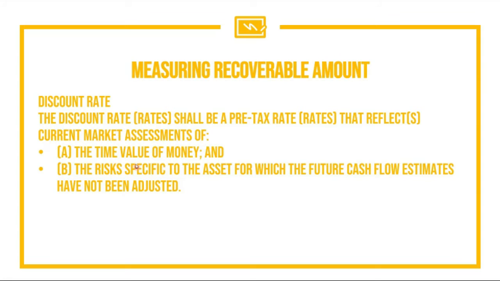That reflect current market assessments of the time value of money and the risk specific to the asset for which the future cash flow estimates have not been adjusted. Okay? So take note, the risk specific to the asset for which the future cash flow estimates have not been adjusted. So meaning these are pre-tax and pre-adjusted. Okay? So meaning we are simply going to base it on the market conditions that are existing.